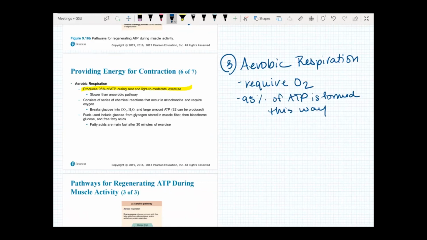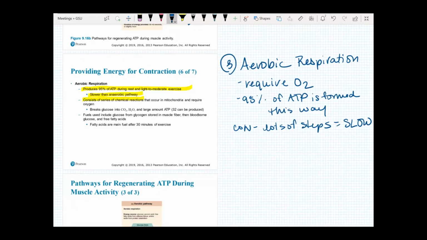This does include glucose, but it will actually break down every part of glucose to its final products, meaning that it has a lot of steps to the chemical reaction, which means it is going to be slow. So this is not the fastest one.